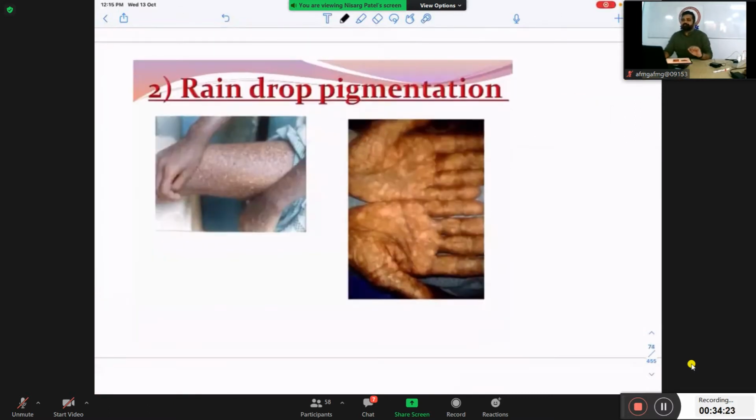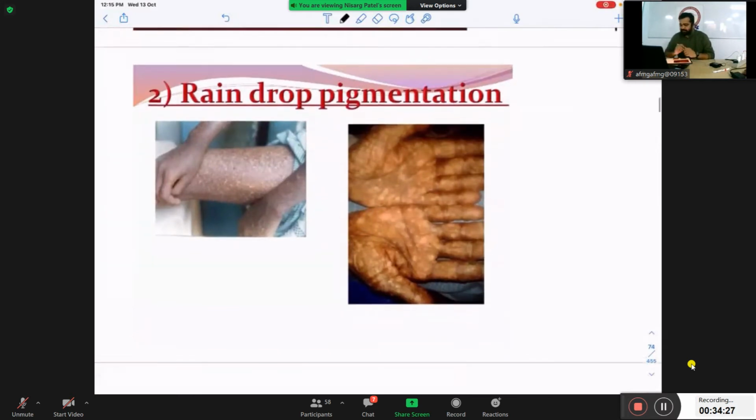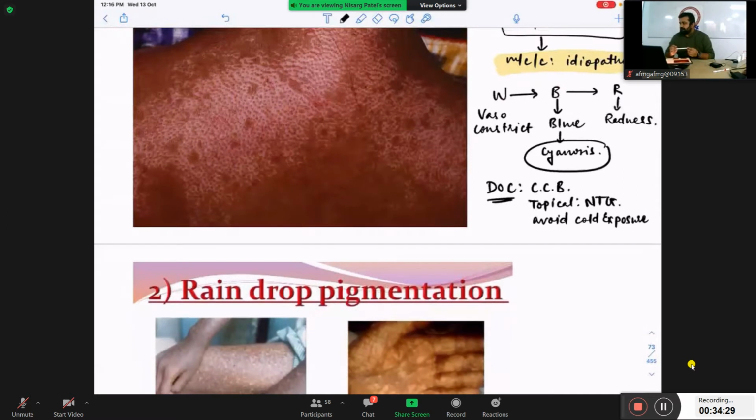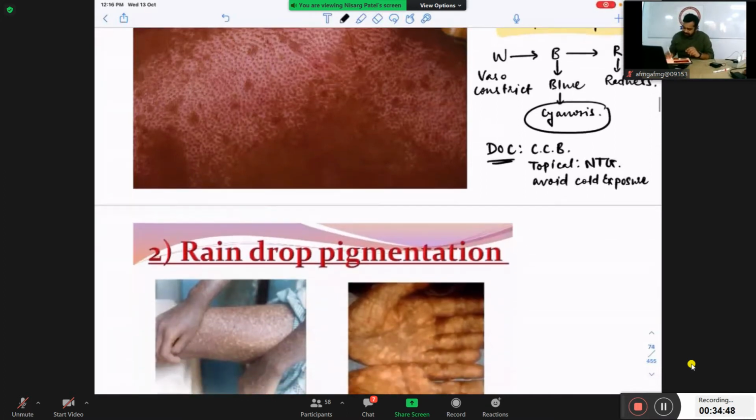Raindrop pigmentation. Arsenic poisoning. Acute arsenic poisoning, chronic arsenic poisoning. In acute arsenic poisoning, what you will see? Acute gastroenteritis. It is like acute gastroenteritis. Whereas chronic arsenic poisoning will cause raindrop pigmentation. So add it as a one-liner.